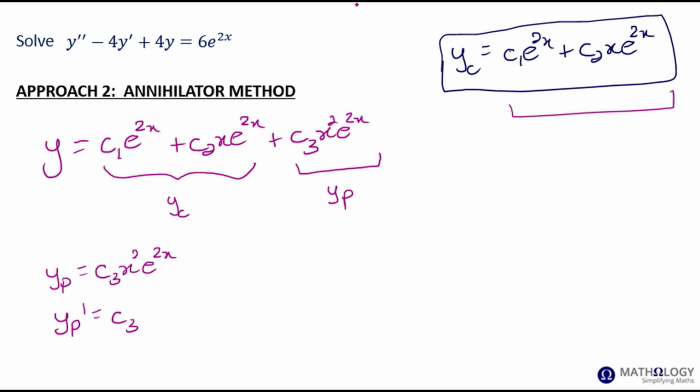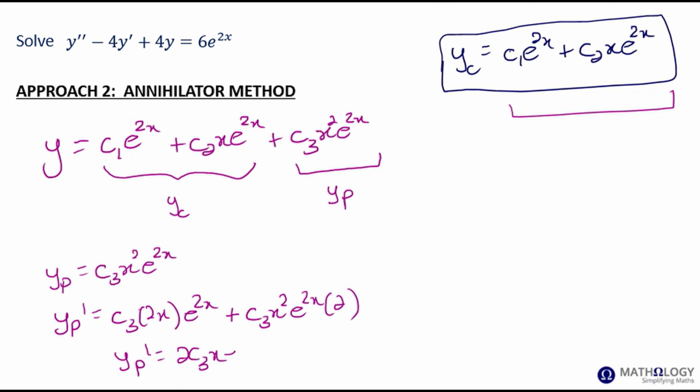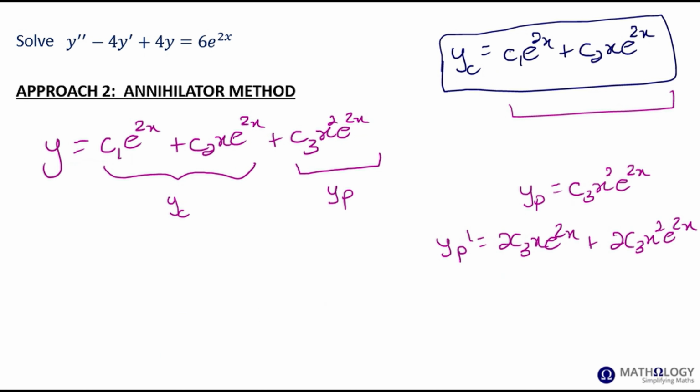The derivative of x squared is 2x, then we multiply by e to the 2x, and then we add c3x squared as constant now. The derivative of e to the 2x is e to the 2x, and then we multiply by 2. So y prime will be 2c3x e to the 2x plus 2c3x squared e to the 2x.